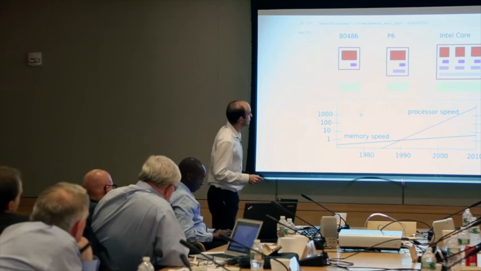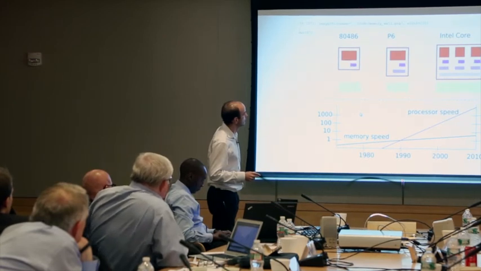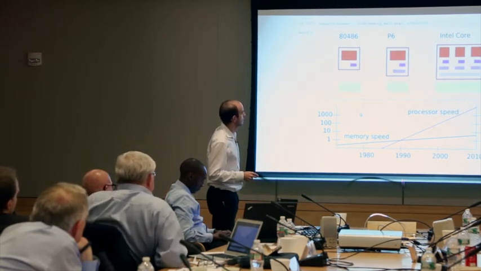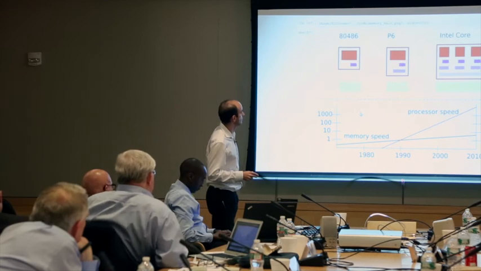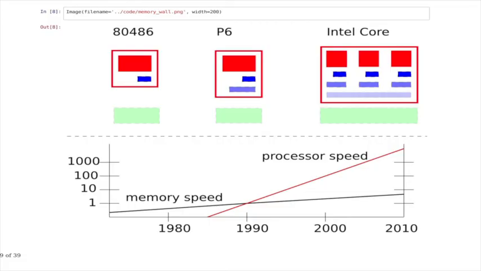You see processor speed was at 1 in 1990, it has been multiplied by 100 in 10 years, while memory speed has been multiplied by 3, roughly. Okay? So the problem, and this is where the expression comes from, is the memory wall, or the starving processor. The processor is ready, but it doesn't get enough data. It's waiting for the memory.